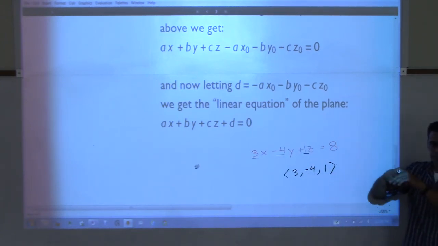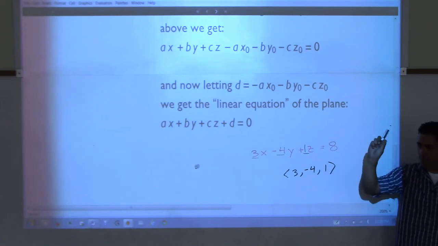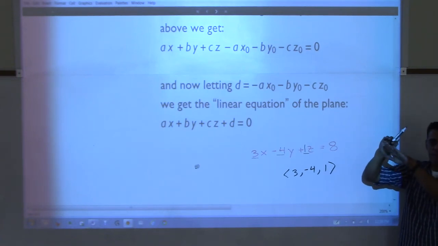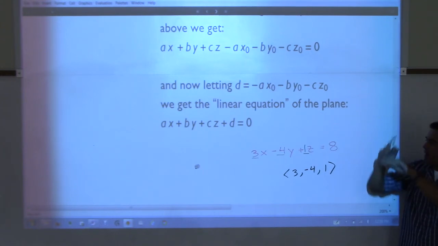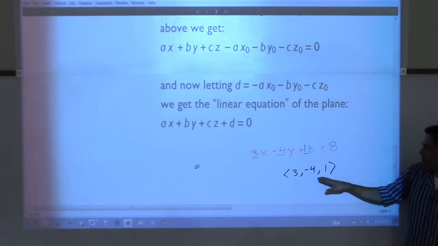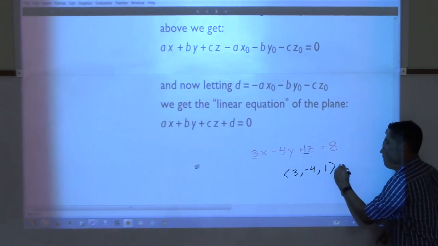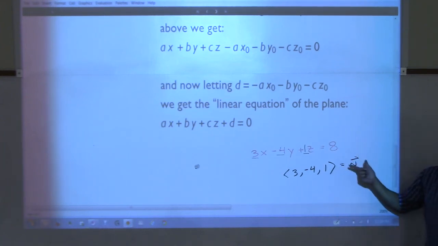That vector pointing out in space, wherever that is, is perpendicular to my plane. It is orthogonal. This is the normal vector. What I don't have is a point on that plane. Could somebody give me a point on that plane?